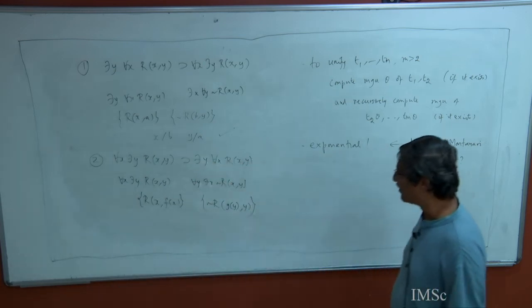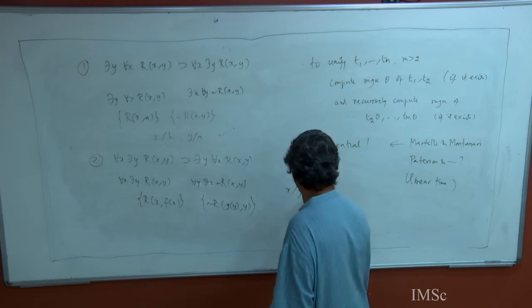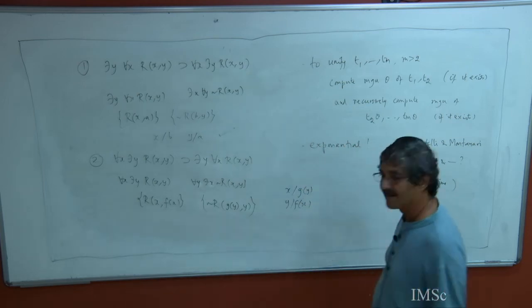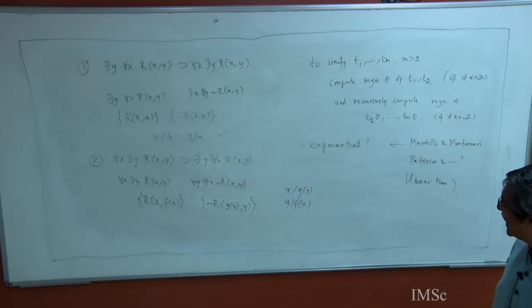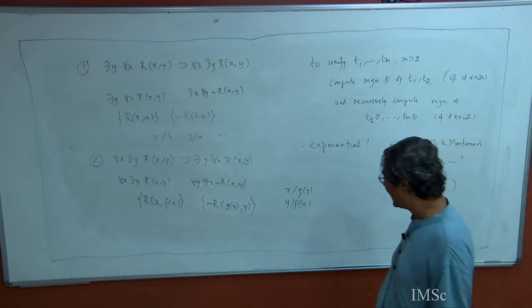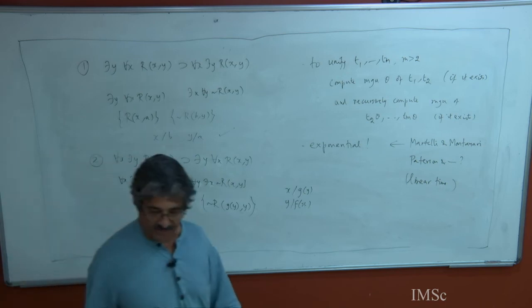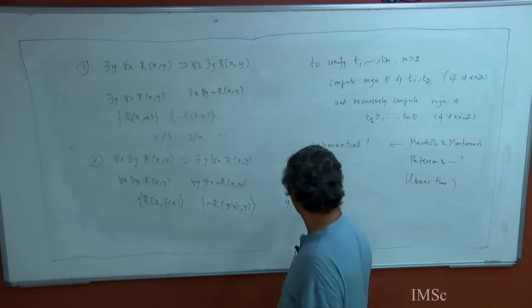And now certainly you have a problem because you try to unify x with g of y and y with f of x. What will happen? You will get x will get f of g of x, and y will get f of g of y, and no way are these unifiable, right?